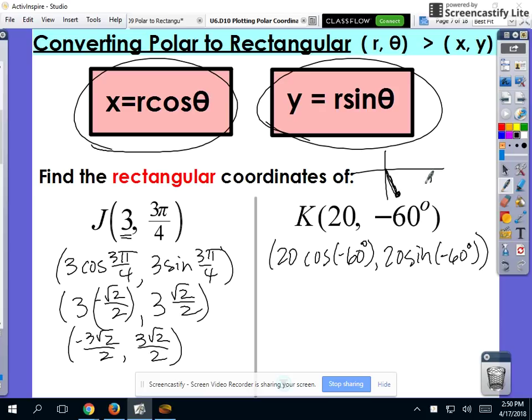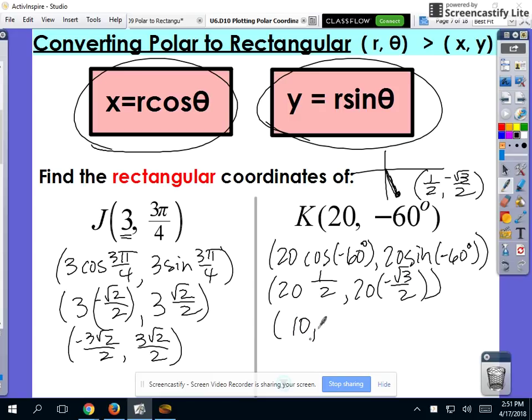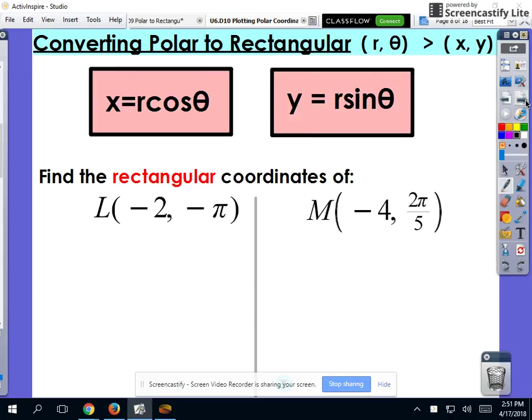And that point is 1/2, negative root 3 over 2. So we can say 20, the cosine value of that is 1/2, and then 20 times negative root 3 over 2. So our final value is 10, negative 10 root 3. And those are our values. And that's going from polar to rectangular. It's a little bit easier than going the other way.